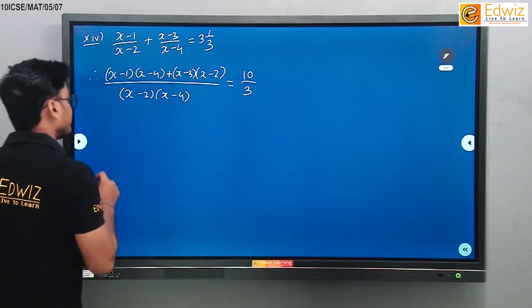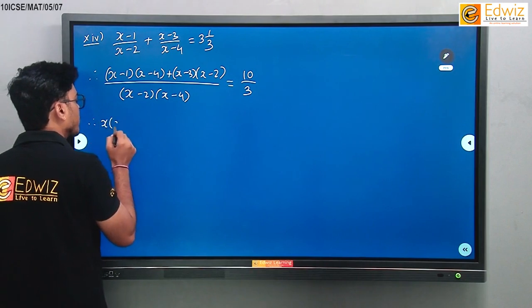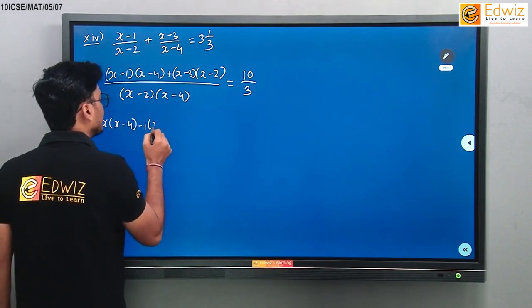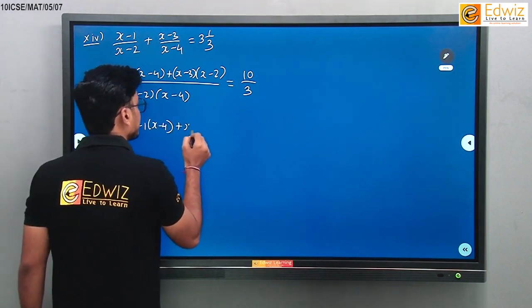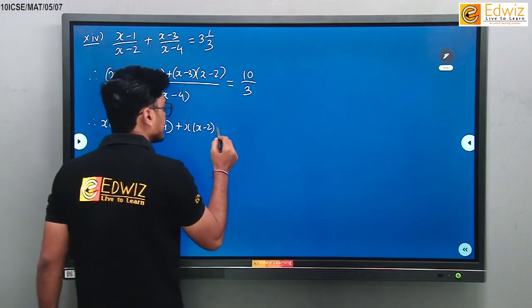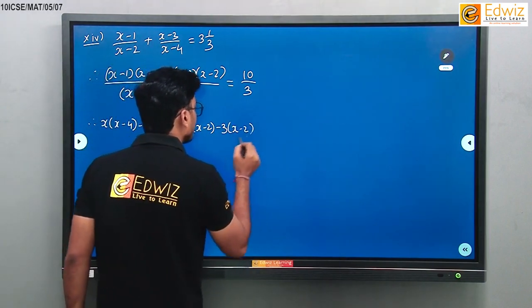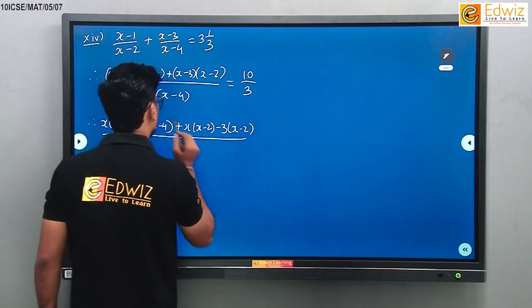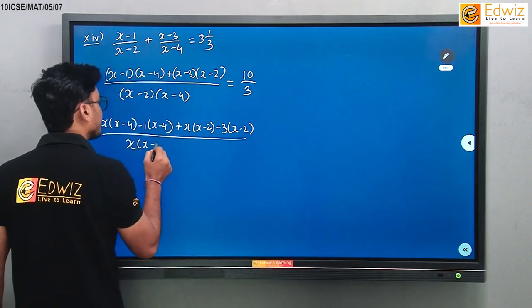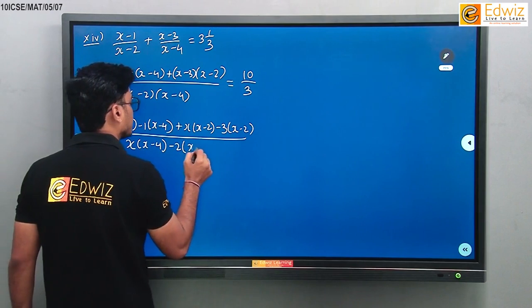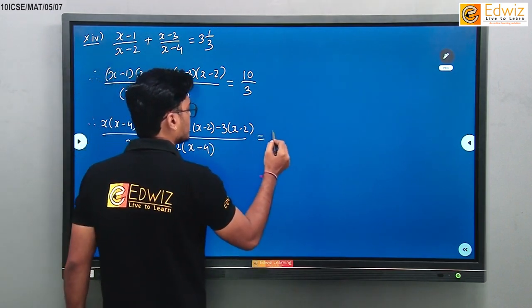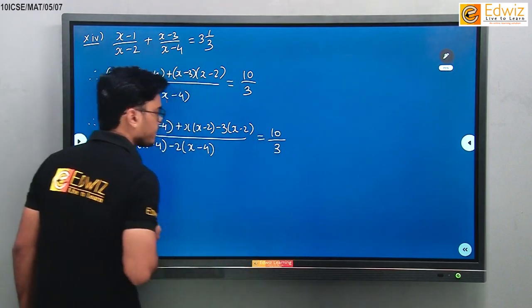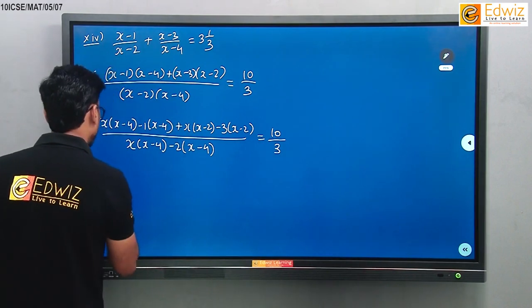Okay, let us solve this part. x into x minus 4 minus 1 into x minus 4 plus x into x minus 2 minus 3 into x minus 2 divided by x into x minus 4 minus 2 into x minus 4 equals 10 divided by 3. Correct?